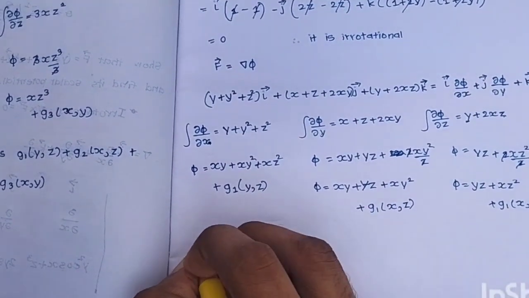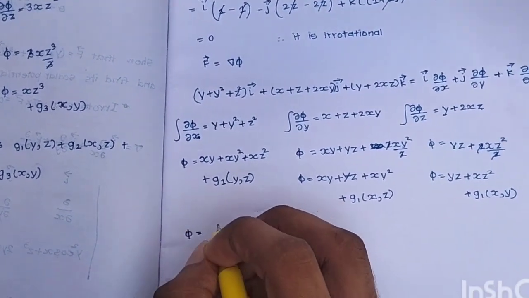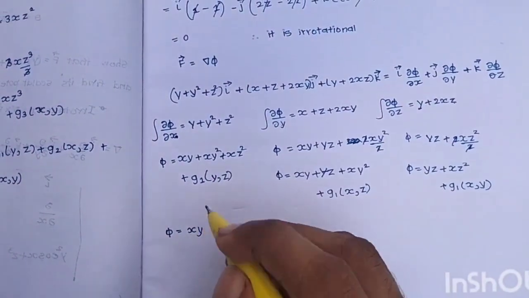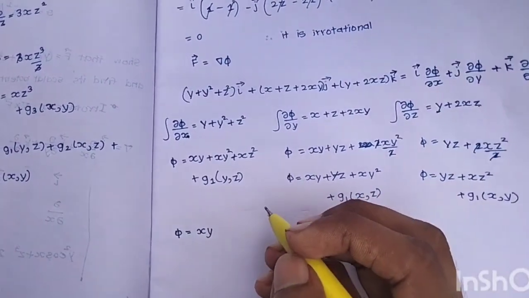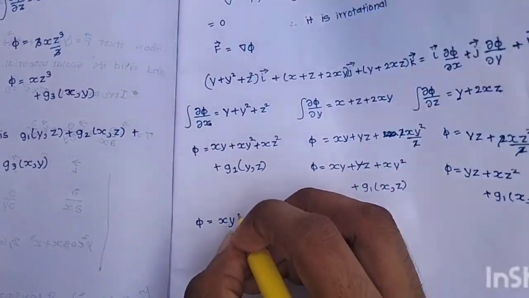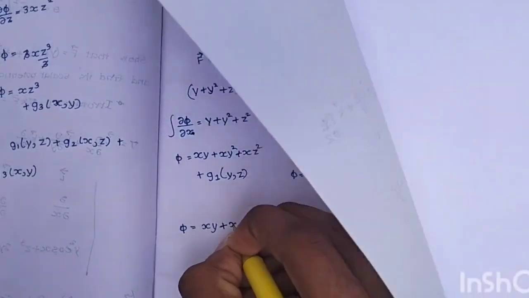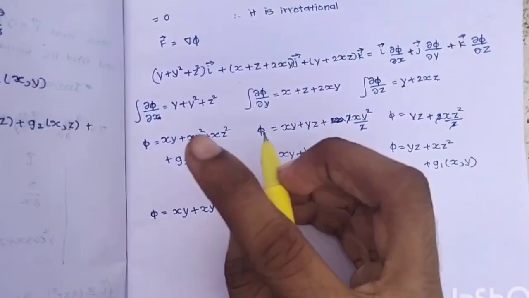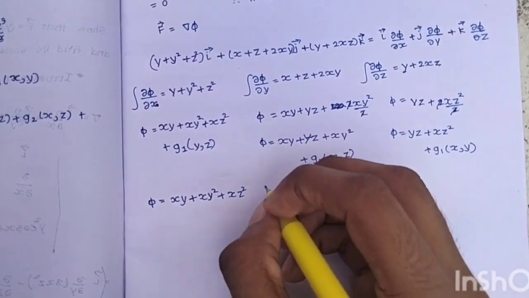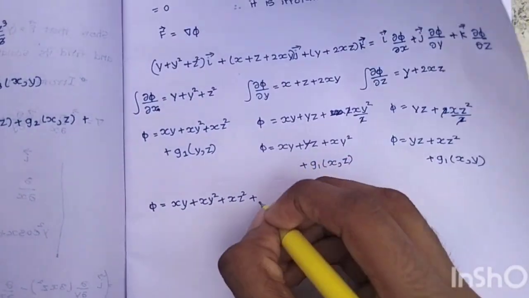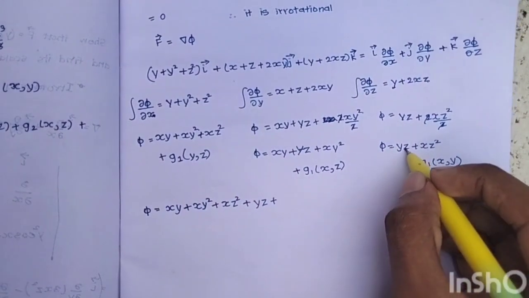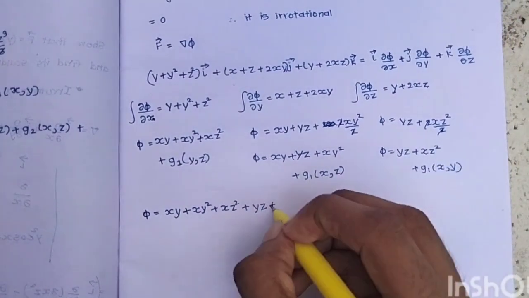Now we want to write all the things together. This should not repeat. If we write xy, then another time there should not be xy. So likewise we want to write here. Now xy is there, we already wrote xy, so we don't want it. Then yz is there, xy square we already wrote, yz we wrote, xz square wrote.